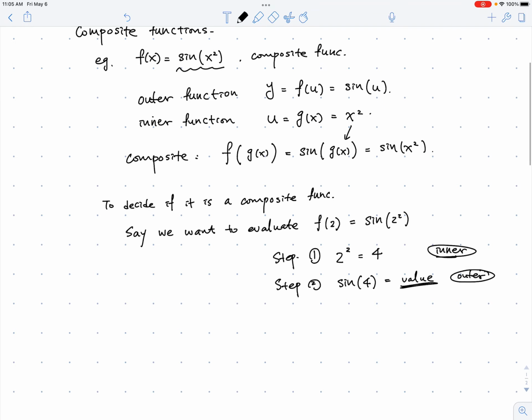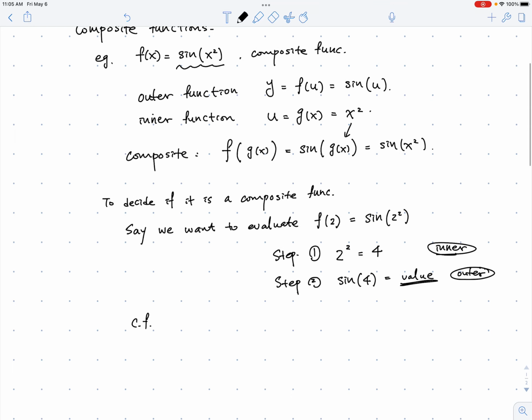Let's compare sine of x squared with, let's say, y equal to x cubed. If right now I want to evaluate y of 2, then I simply have just one step, 2 to the power 3, which equals 8.